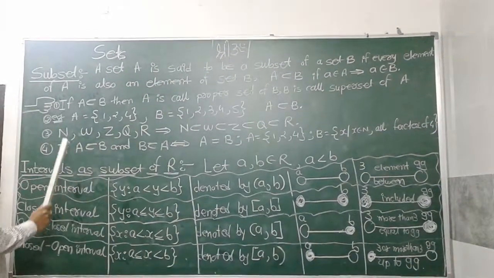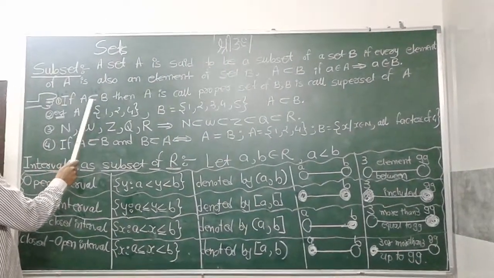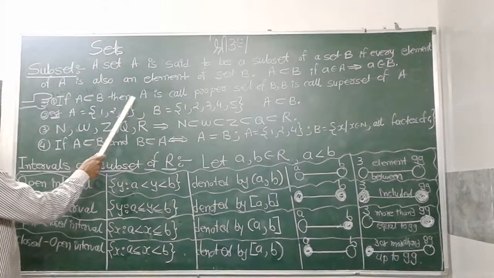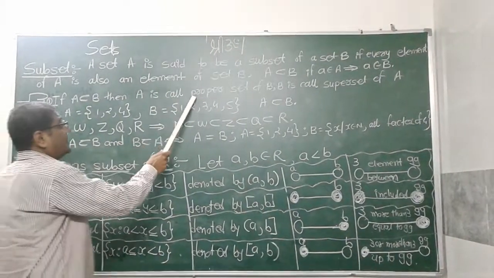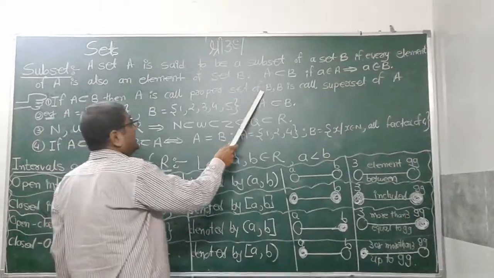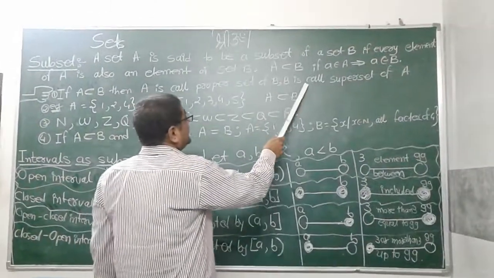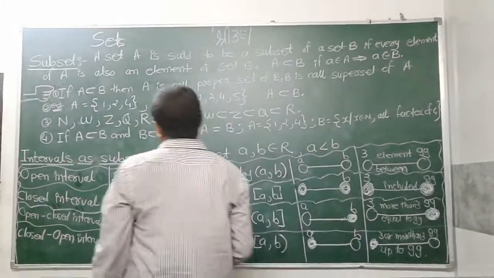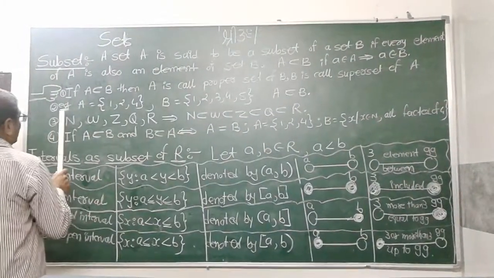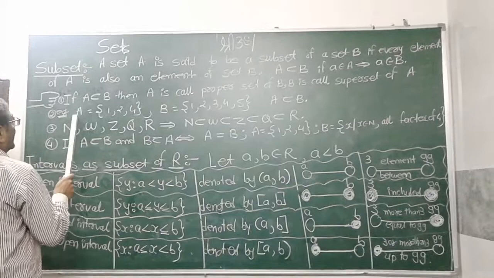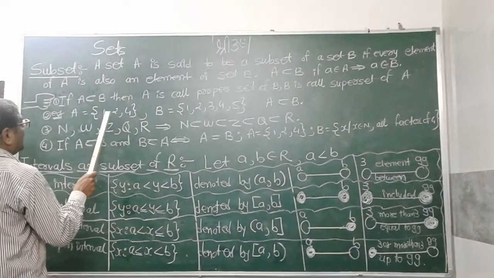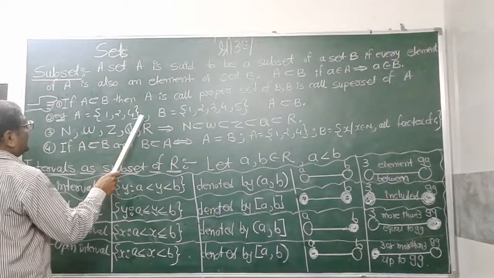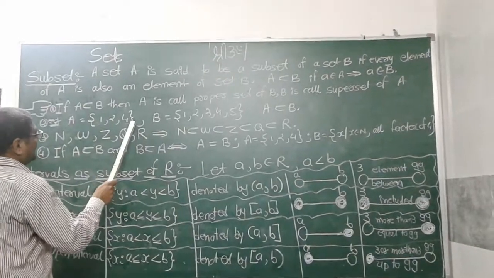Now in this case, if A is a subset of B, then A is called a proper subset of B and B is called a superset of A. By example, A is equal to {1, 2, 4}, so the number of elements inside A is 3.